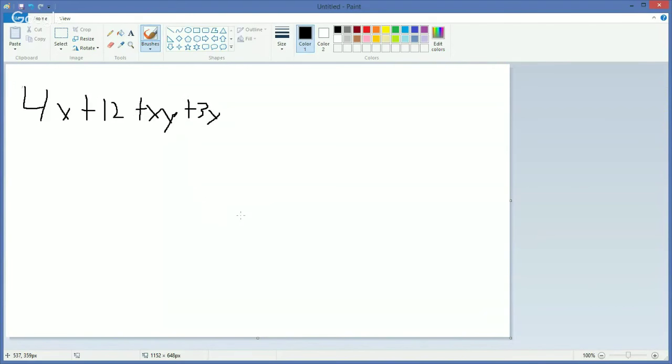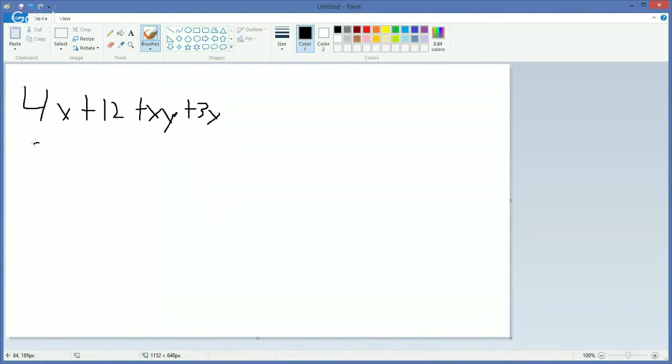So the first thing we're going to do, since they said factor by grouping, is separate these into two separate brackets.